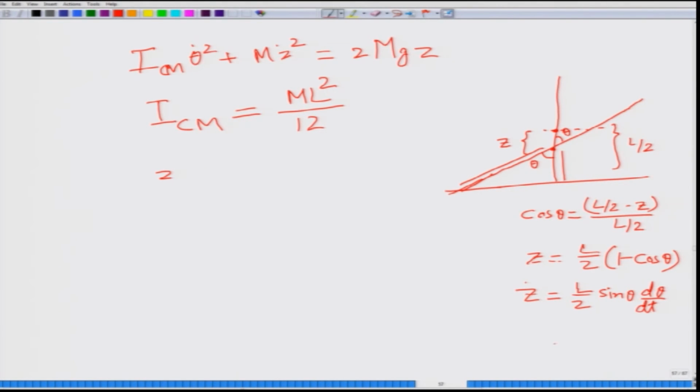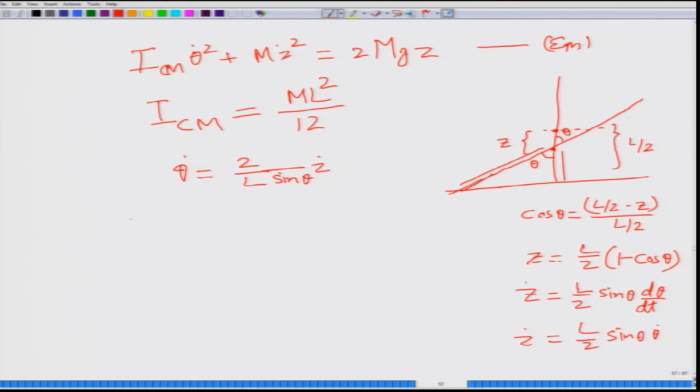Or in our language we shall write it as L by 2 sin theta theta dot is z dot. So theta dot is equal to 2 by L sin theta z dot. So we shall substitute these things in the last equation.